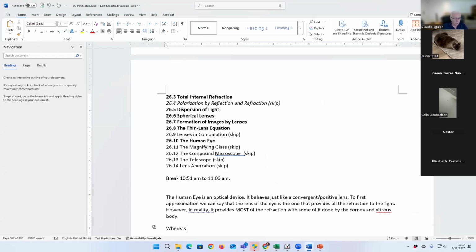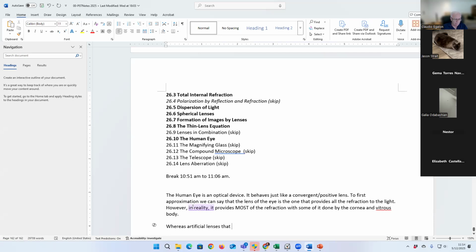Whereas artificial lenses that are manufactured are rigid, the human lens is a flexible one that can change its focal length, okay? Its focal length.